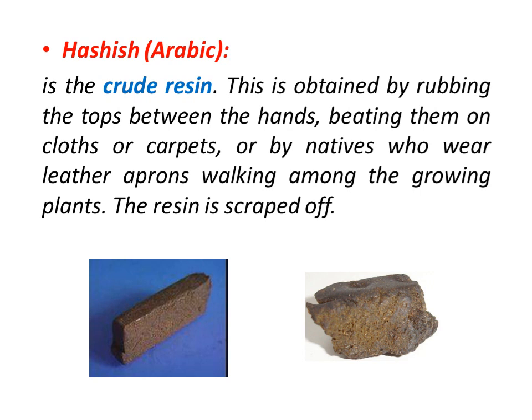The crude resin is obtained by rubbing the tops of the plant between the hands, or beating them on cloth or carpet, or by the natives, people who wear leather aprons walking among the growing plants, and then the resin is scraped off and formed into bulk brownish masses.